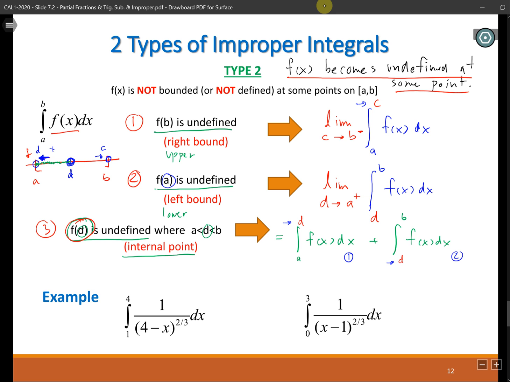Alright, let's use that. This is going to be equal to, everything else is the same, a and f(x) and dx. Here, what should I use?